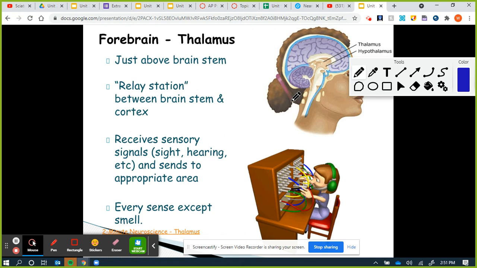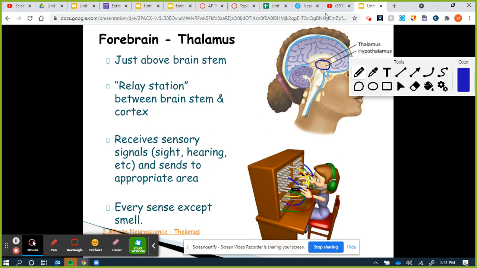The thalamus is the top of it. It's right here. The thalamus's main purpose is it is the sensory relay station from the body to the brain and vice versa. It is referred to as the sensory switchboard.